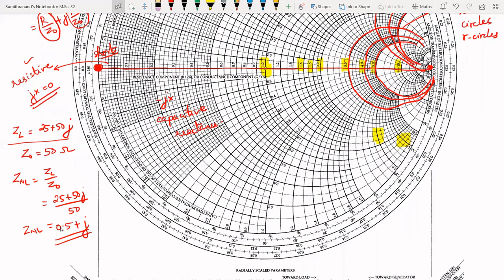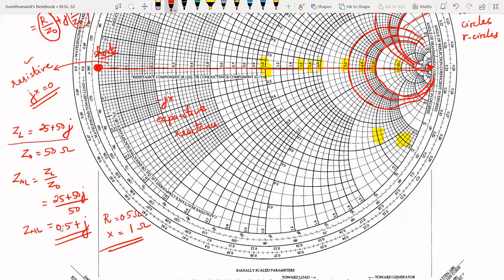So here the real value is 0.5, which represents the normalized resistance value, and the normalized reactance value is 1, so 0.5 and 1. So how can we represent this? I'm going to show you how we can represent this normalized impedance in the Smith chart. The resistance part, the real part, is 0.5.